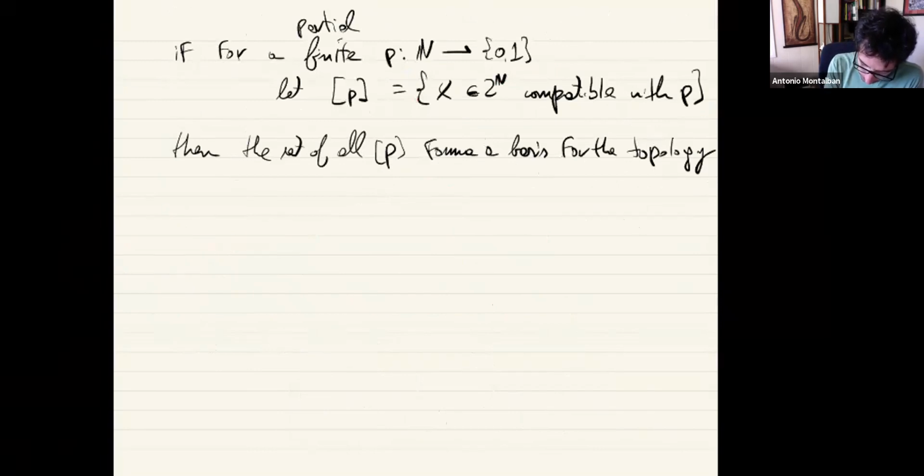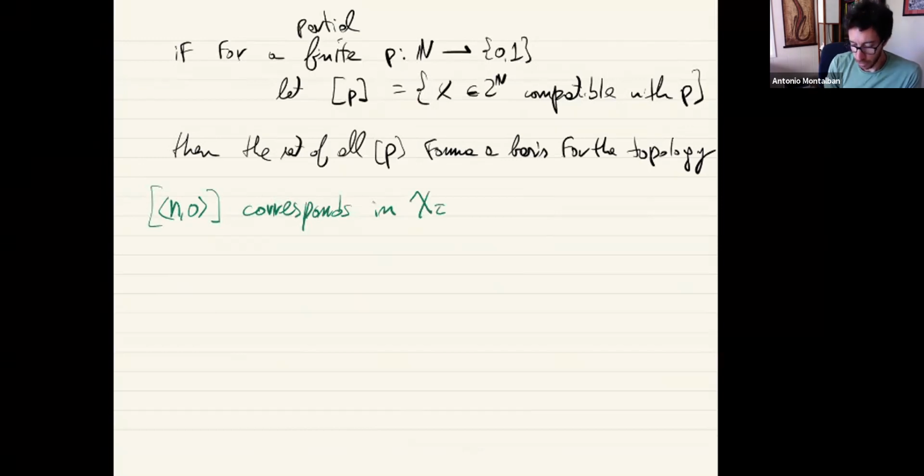The basic open set n, 0 corresponds in the space of structures to the set of all structures such that the diagram of A, when you apply it at n, gives 0.